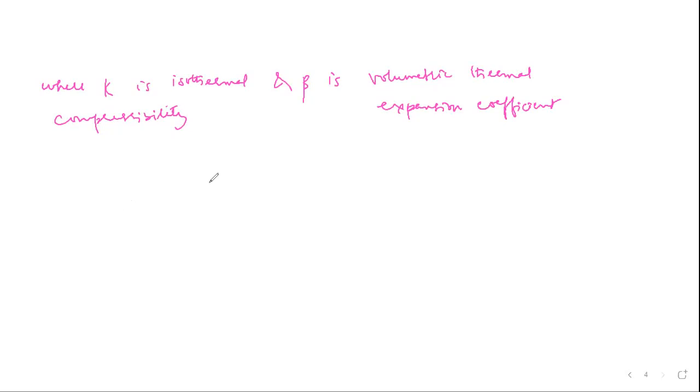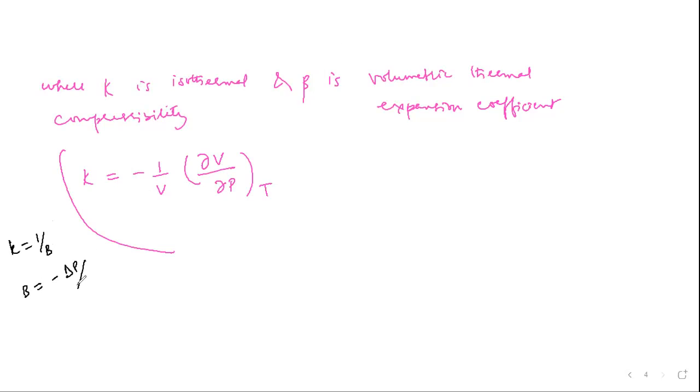Now, K is minus 1 over V dou V by dou P at constant T. This we have already discussed. It is simply, this compressibility is simply reciprocal of bulk modulus. Remember the definition of bulk modulus, which is change in pressure per fractional change in volume.